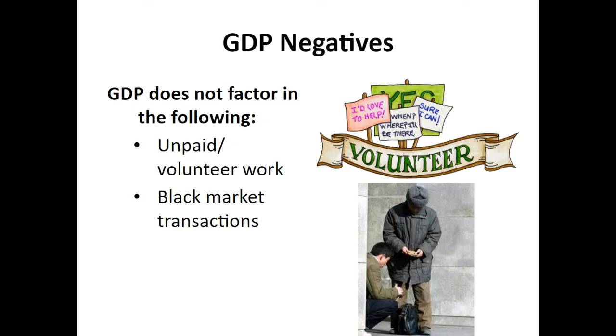If there are things sold on a black market, or a market that's not recognized, they do not get counted in the GDP. It also doesn't care about what products and services your country makes. It's just the output that they're focusing on.